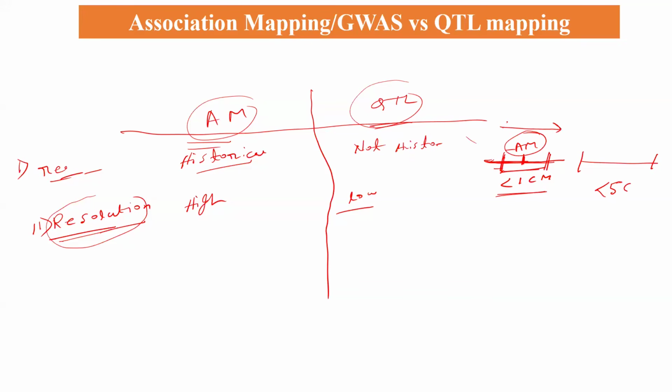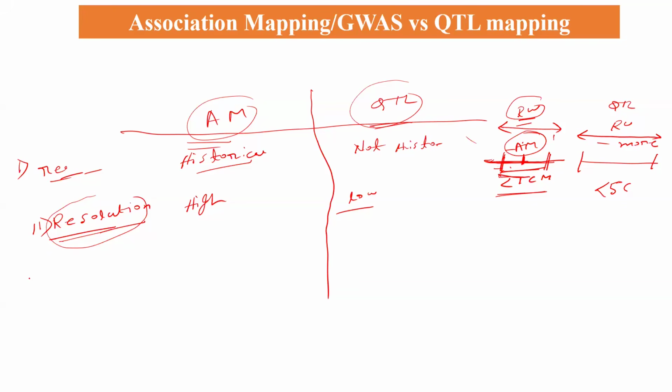The recombination window will be low in association mapping, but in QTL mapping the recombination window is more. If the recombination window is low, then the critical window will be low.